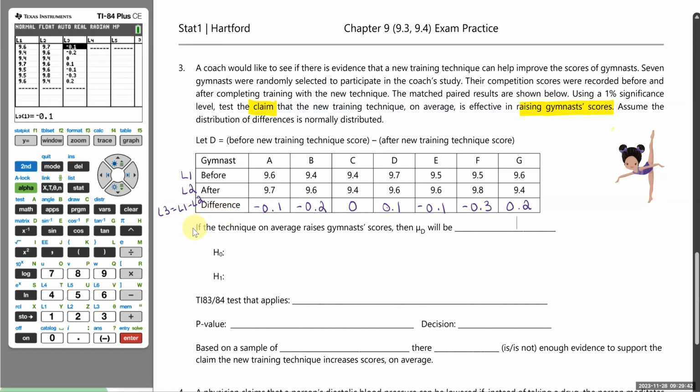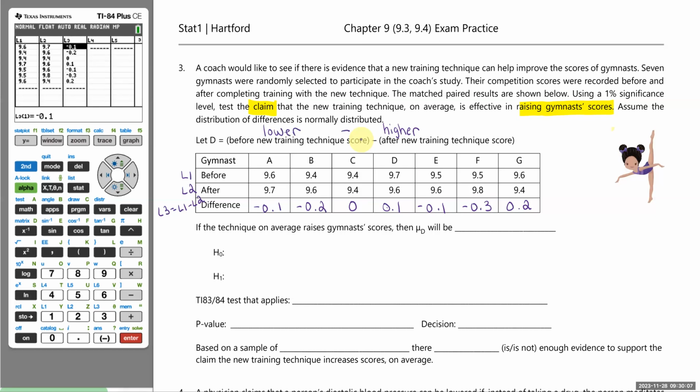All right, so what we're going to ask ourselves is, if the claim is true, if the technique raises gymnasts' scores, then we have to think about what should happen to the difference. So if the new training technique increases scores, we expect their score after the new training to be the higher score, meaning before training would be their lower score.